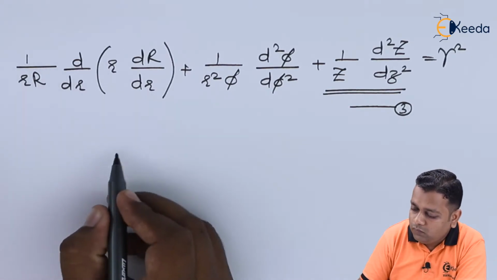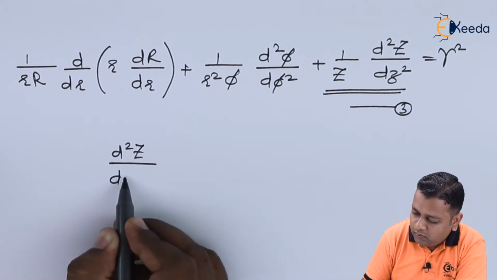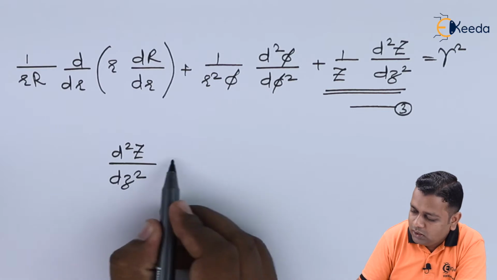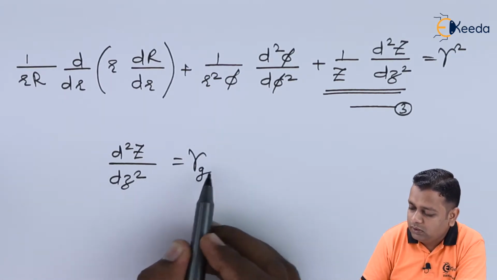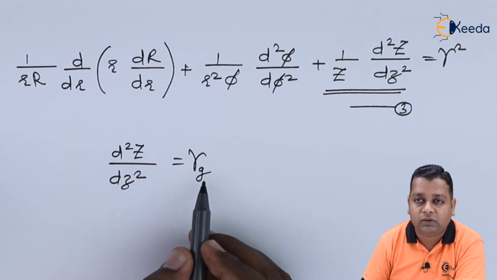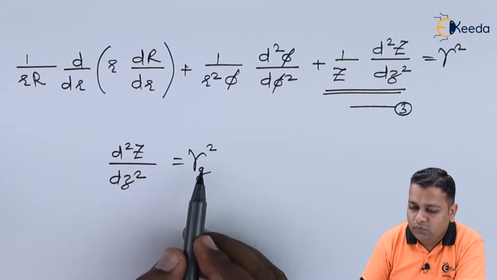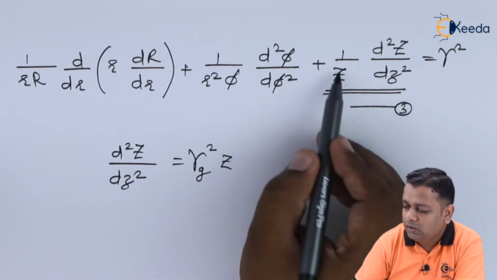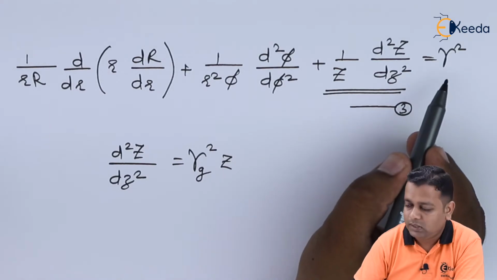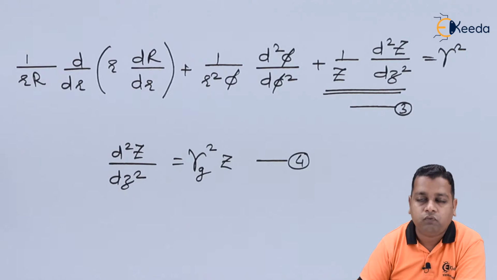Therefore we represent d2 capital Z divided by d small z square as equal to the propagation constant, given the subscript small g inside the waveguide, squared, in multiplication to capital Z. So this can be shifted to the right hand side here. So this is equation number 4 here.